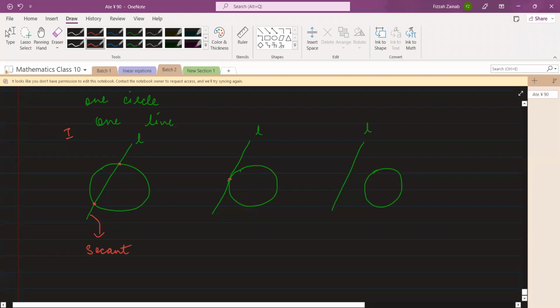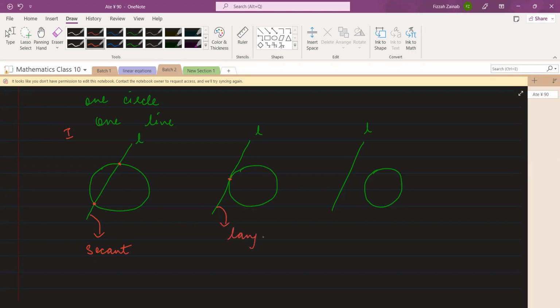It's difficult to draw in such a small figure, but if you magnify it, it will touch only at one point. So there's only one point which is common to the circle and this line. In this case, this line becomes a tangent to a circle.